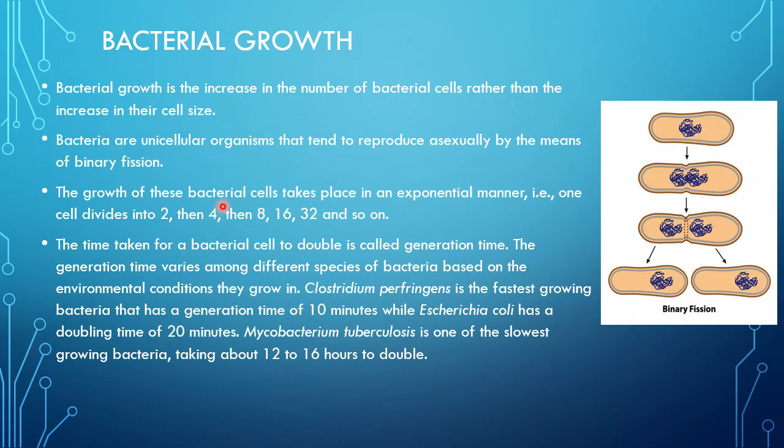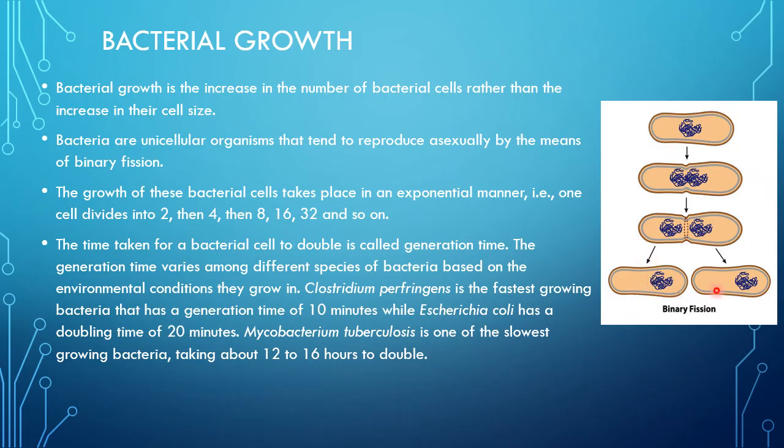Now, the growth of these bacterial cells takes place in an exponential manner, that is, one cell divides into 2, then 4, then 8, 16, 32 and so on. This division of the cell takes place in a very systematic, exponential manner. As you can see here, one cell gave rise to 2 daughter cells, and each of these will again give 2 cells.